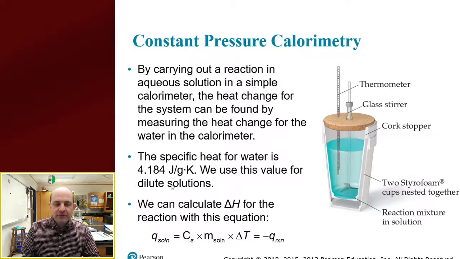And so we usually use the 4.184, if the problem gives you another number, use that. But for dilute solutions where it's not too concentrated, we can still use about 4.184 or thereabouts.